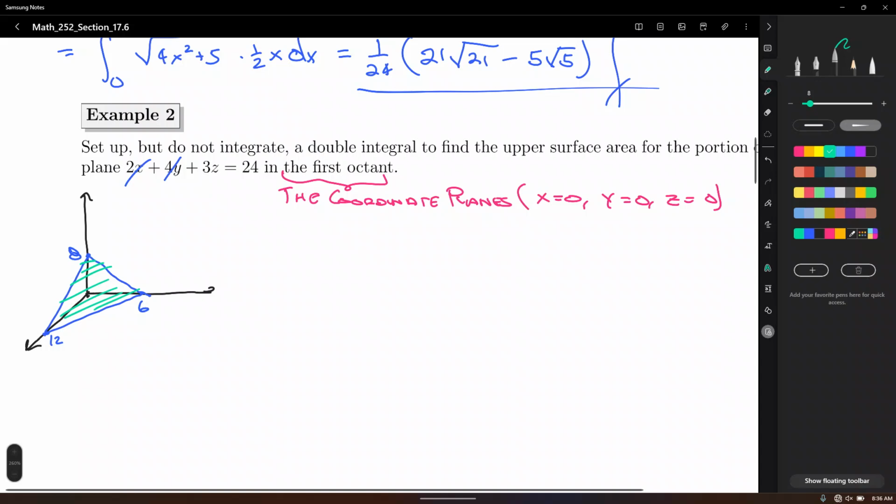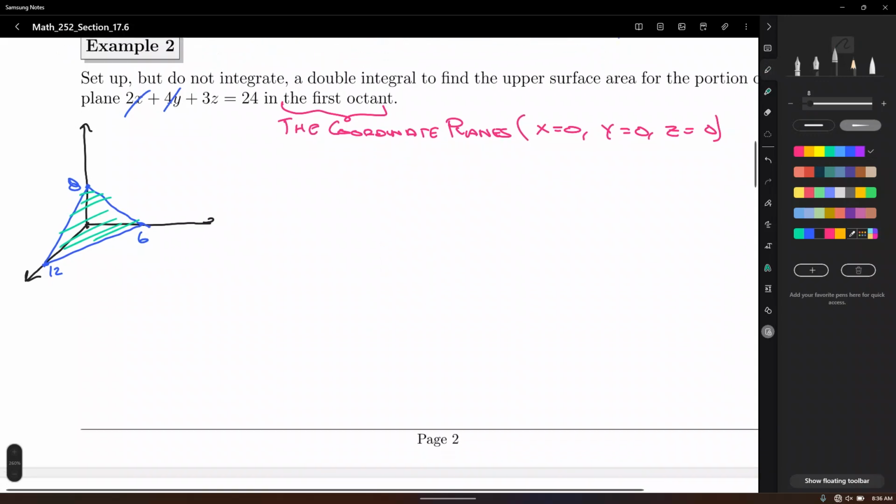So what do we need to do to set up and evaluate this integral? Well, actually, we're not evaluating this integral. Of course, we need to know what's going on in the xy plane. This should work as a review for tomorrow's exam. One of the most important things here is what's going on in the xy plane, so the xy plane projection.